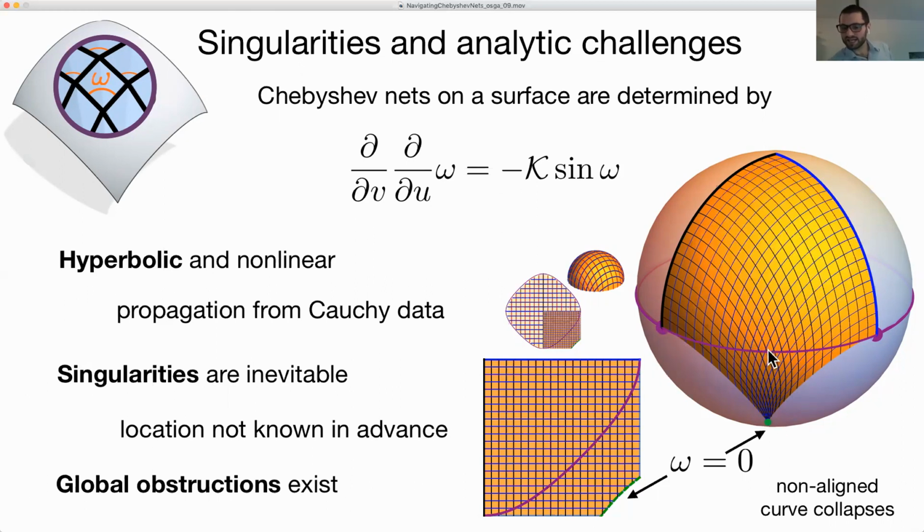Well, what you see is that the shearing continues more and more until this part of a hyperbola in the domain collapses to a single point, which corresponds to a singularity on the surface because we have a line collapsing to a point. And this also could not be physically constructed. And how are we supposed to know that this singularity was going to occur there and not at some other location on the sphere, right?